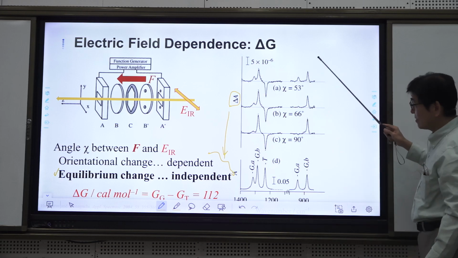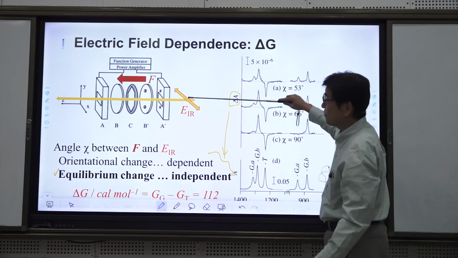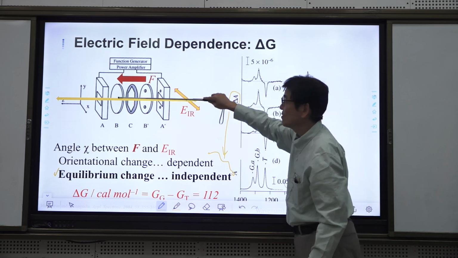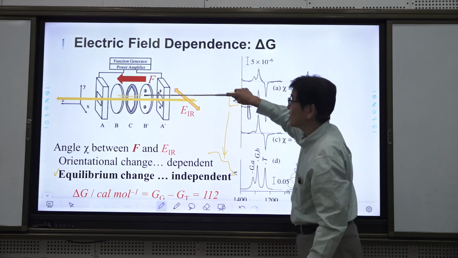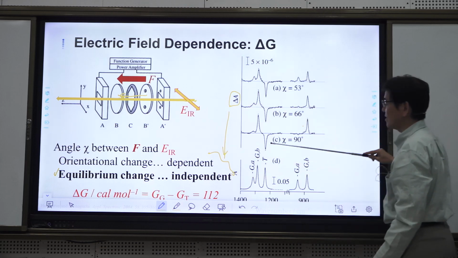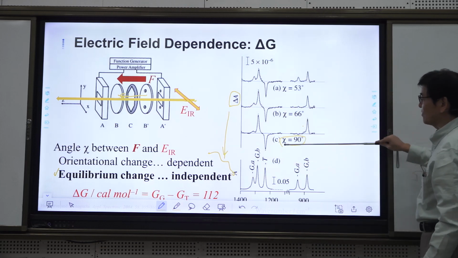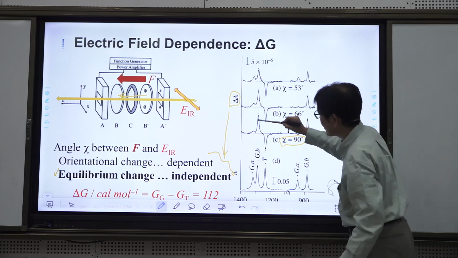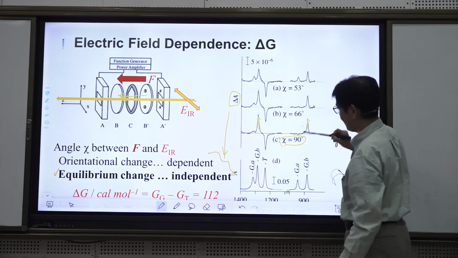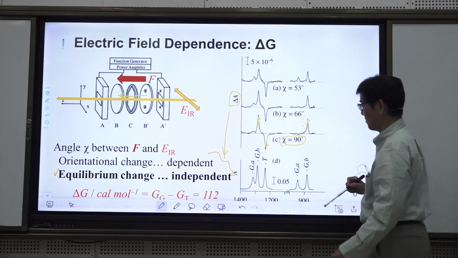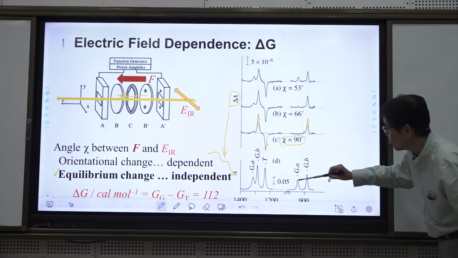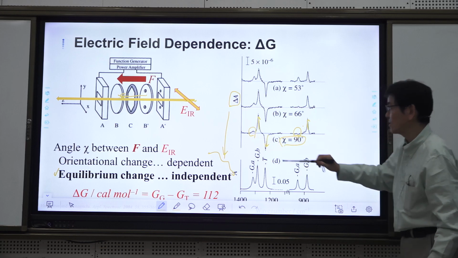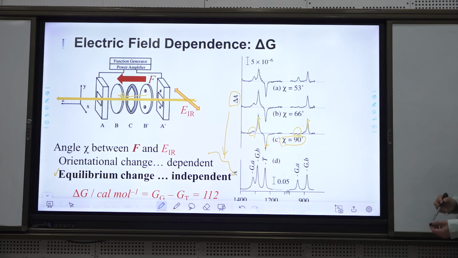Then, when the IR light goes normal to, perpendicular to the applied electric field, then this is 90 degrees, and the result is something like this. Already I assigned gauche increased, trans decreased. But this gauche band does not increase. This gauche band does not respond. It has no response.